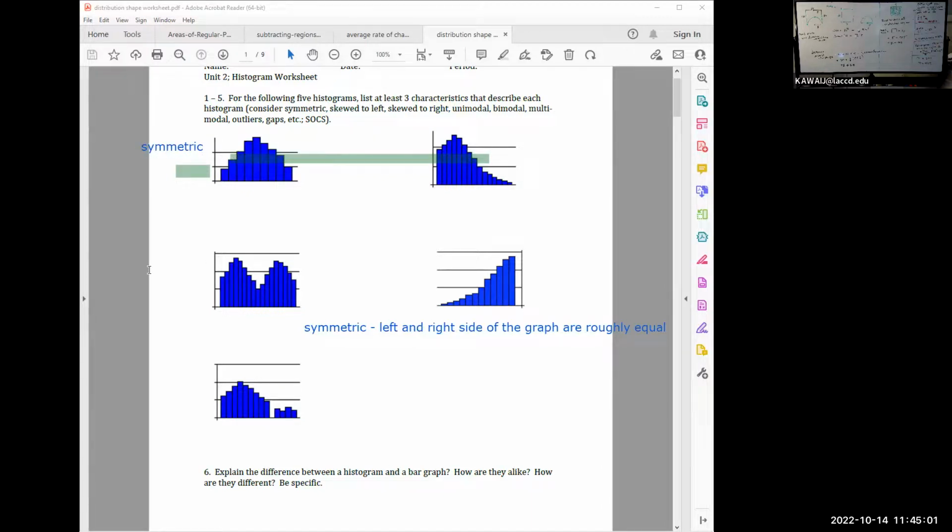And this one is symmetric. All right. Left and right side are roughly equal.